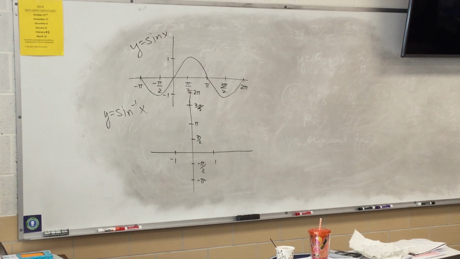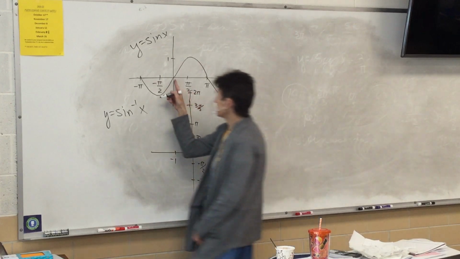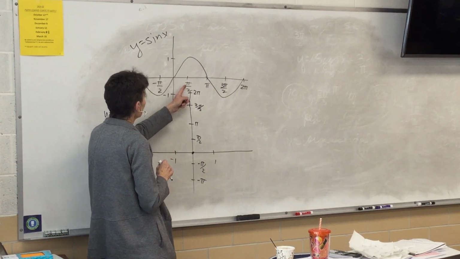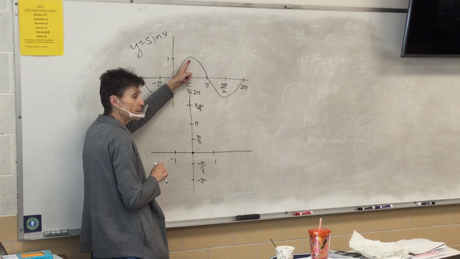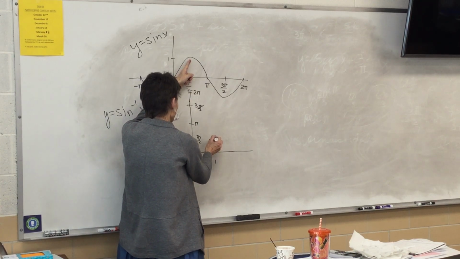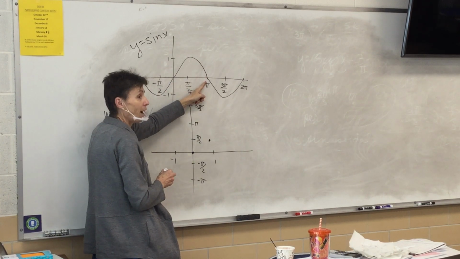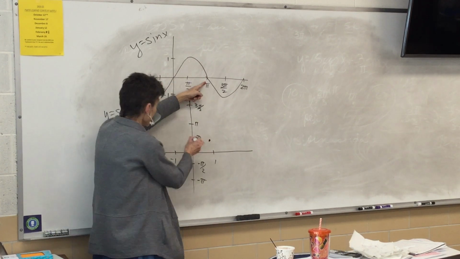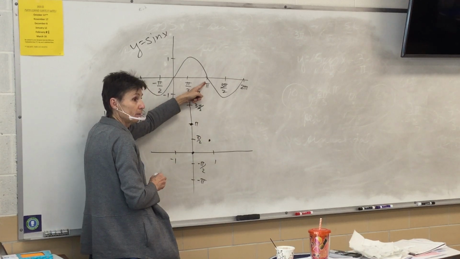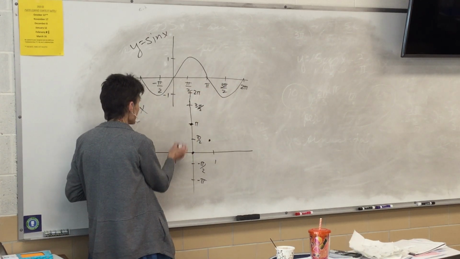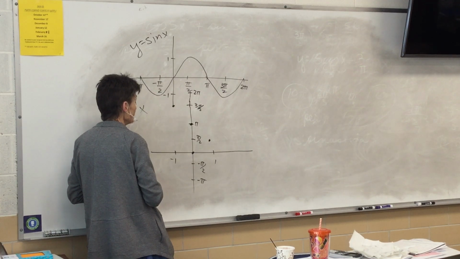So, origin doesn't change. That's 0, 0, so that's going to stay right there. Pi over 2, 1 is going to become 1, pi over 2. Pi, 0 becomes 0, pi. 3 pi over 2, -1 is -1, 3 pi over 2.